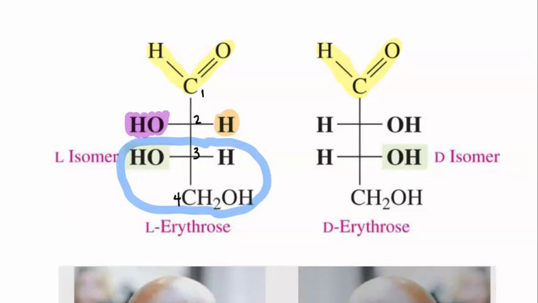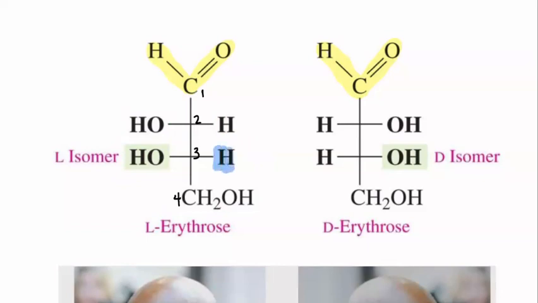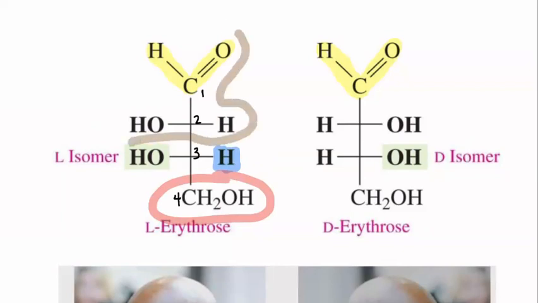Carbon number 3, let me just erase some of the things that I highlighted. Carbon number 3 has the OH that you can see there in green. It has the H. It has this, and it has a different color. And it has all of it.